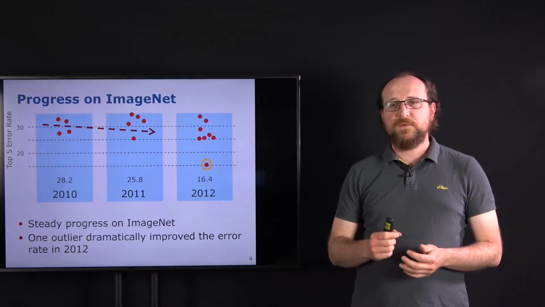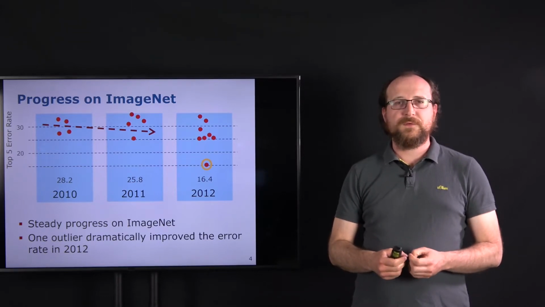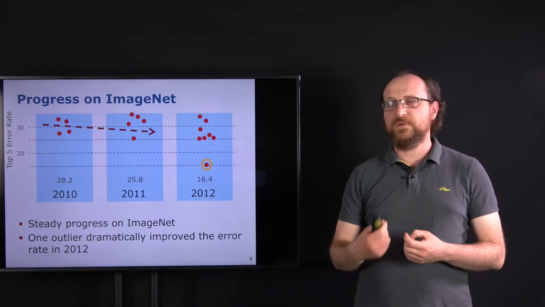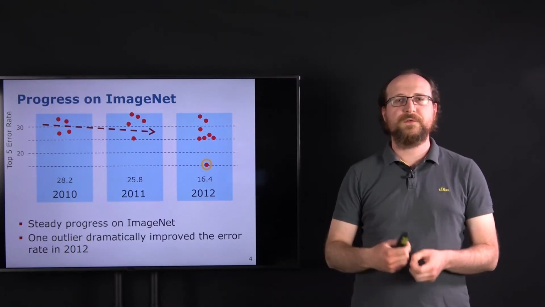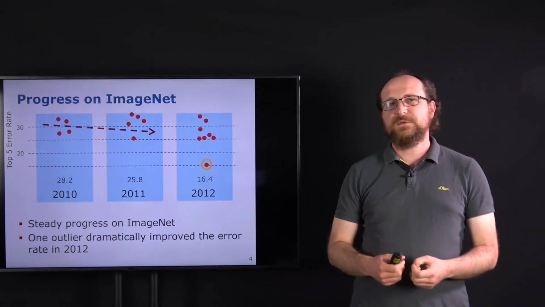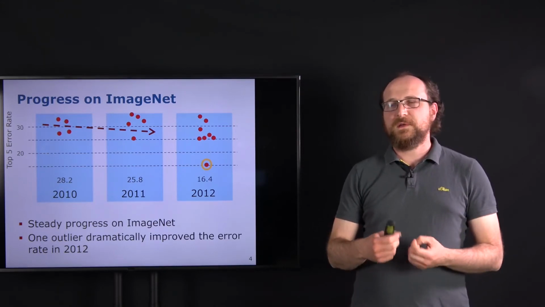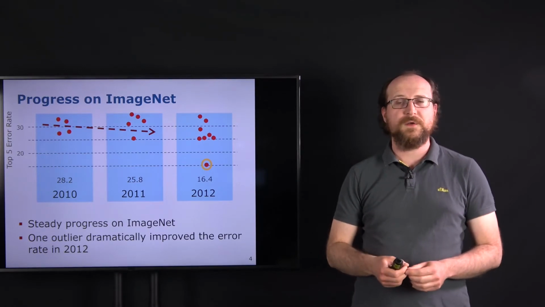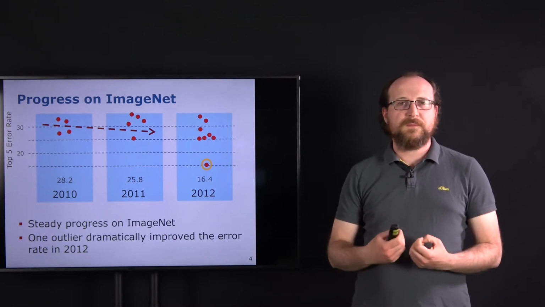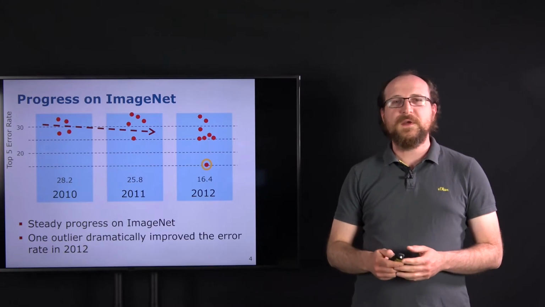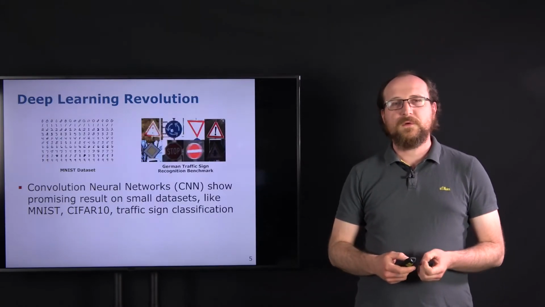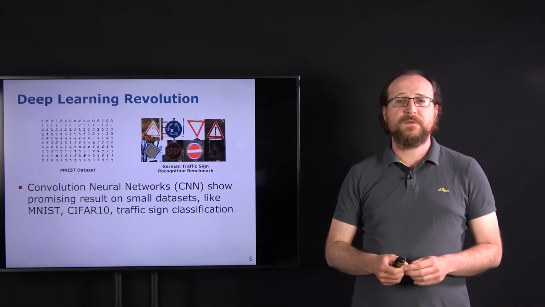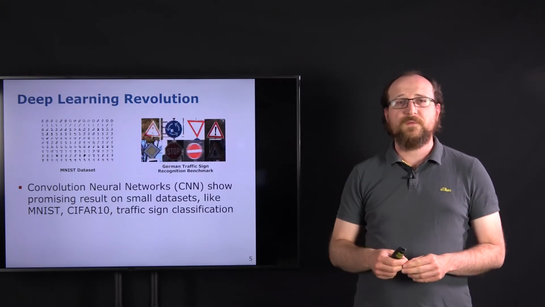This is really remarkable because it's such a large gap to the more traditional approaches, like using Fisher vectors or bag of words, that people recognized something dramatic is happening here, and something to look out for. This specifically was the start of the so-called deep learning revolution. This specific method was based on convolutional neural networks, as we will discuss further now.